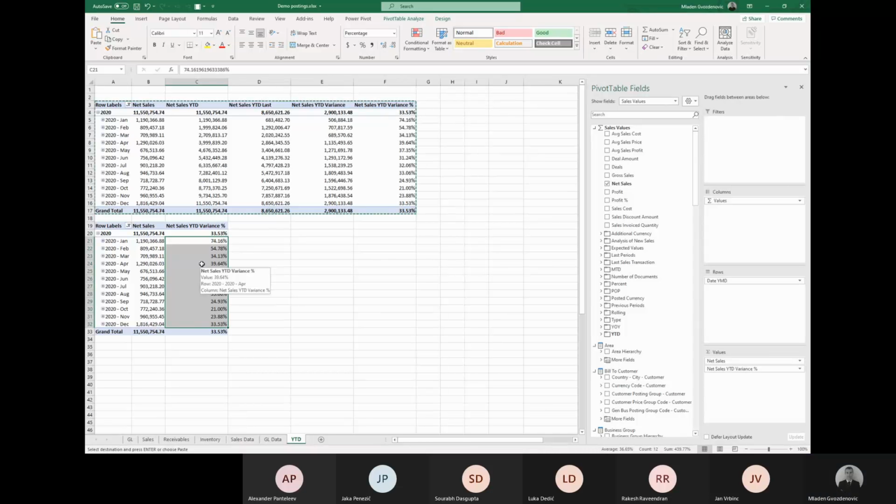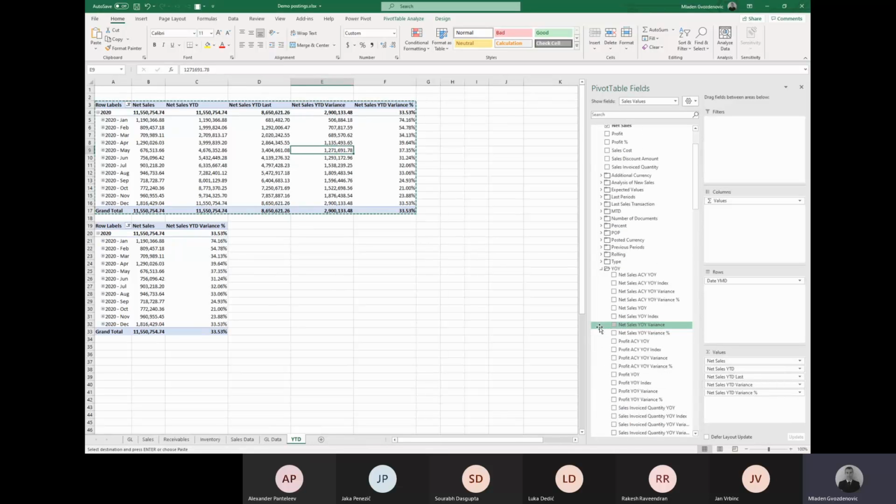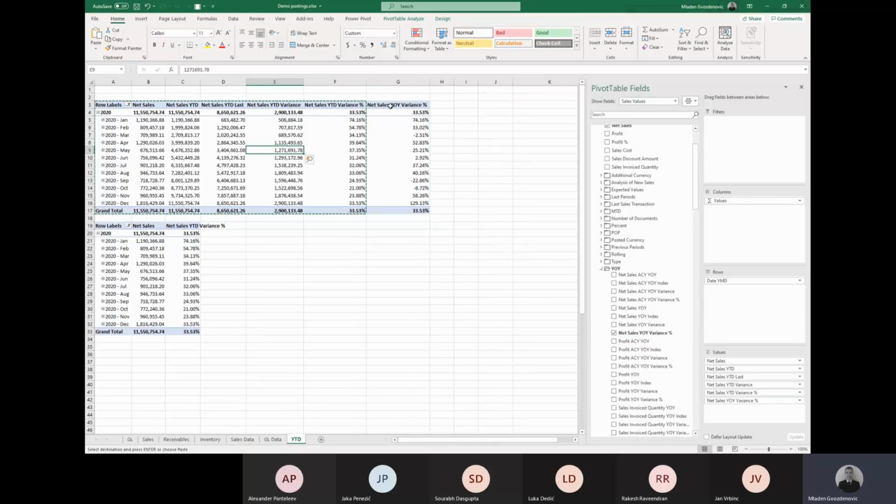Now, shortly, let me just show one more variance, which is year on year. And if I bring year on year variance, then this year on year variance may be different. And let me just explain what is year on year. If I compare year on year, then I'm not starting from the beginning of the year, but I'm going against the previous period, which is a year back.